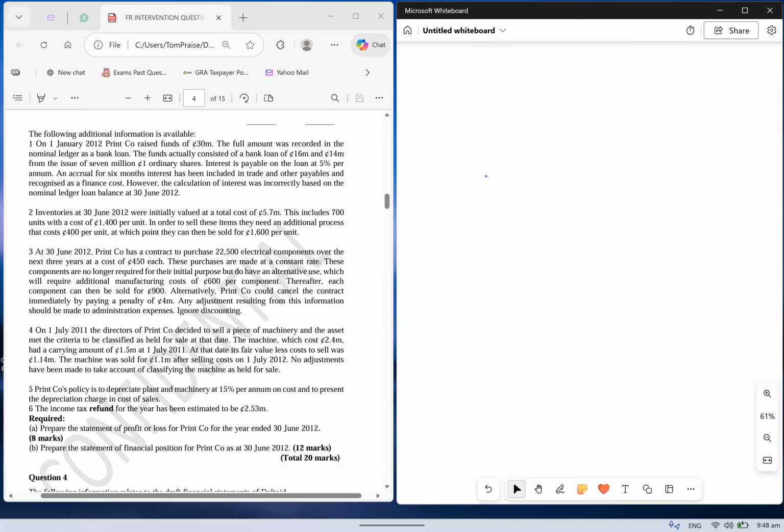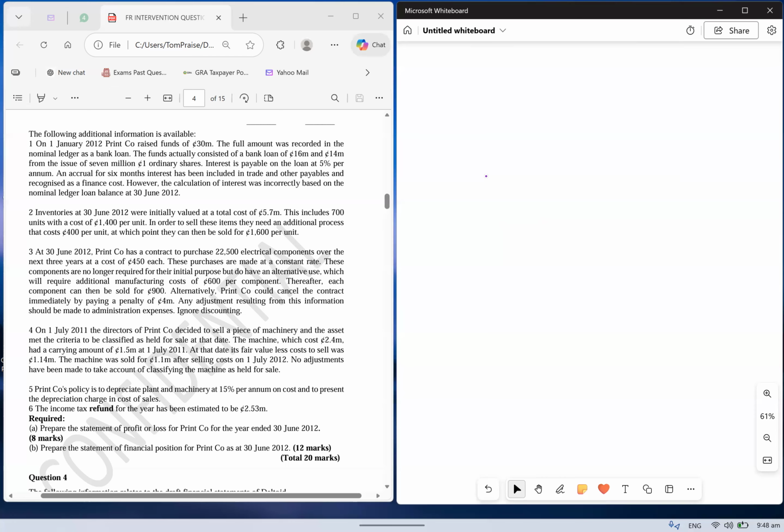At 30th June 2012, Printco has a contract to purchase 22,500 electrical components over the next 3 years at a cost of 450 each. These purchases were made at a constant rate. These components are no longer required for their initial purpose, but do have alternative uses, which will require additional manufacturing cost of 600 per component.